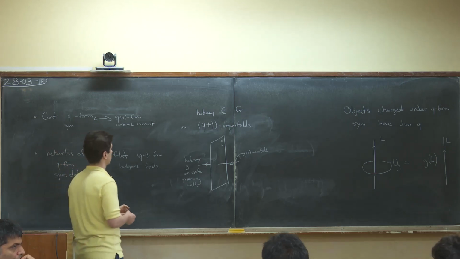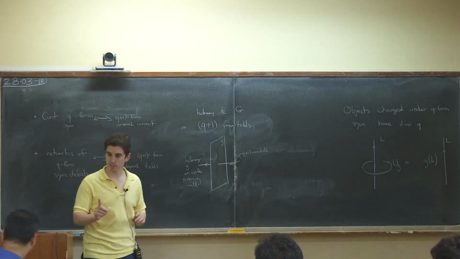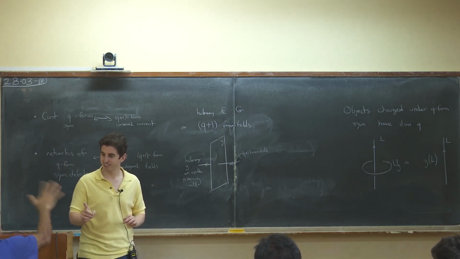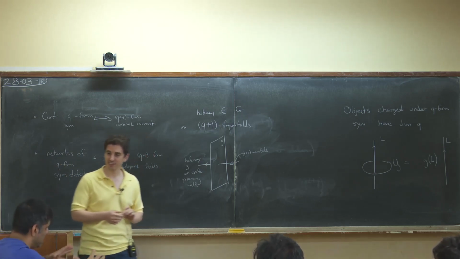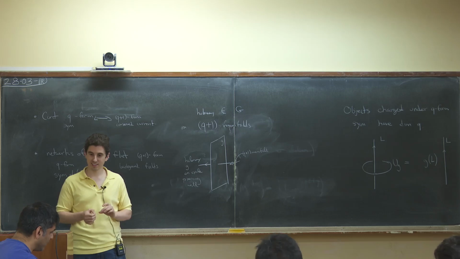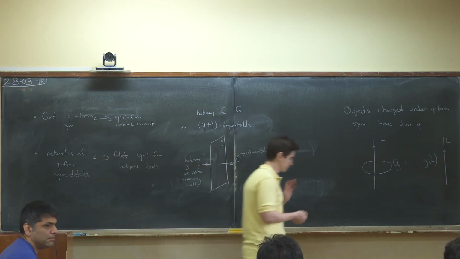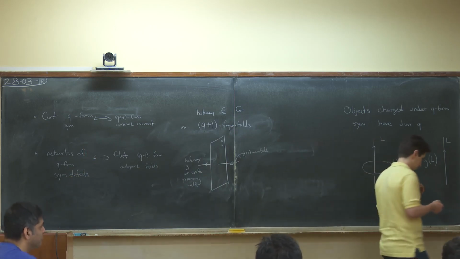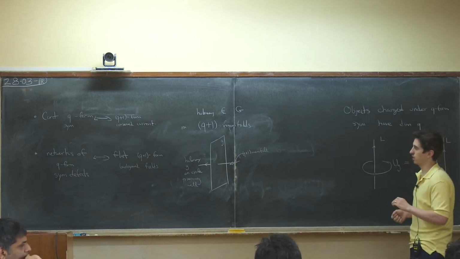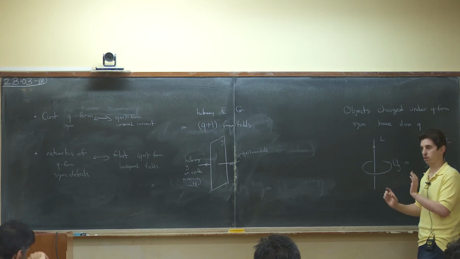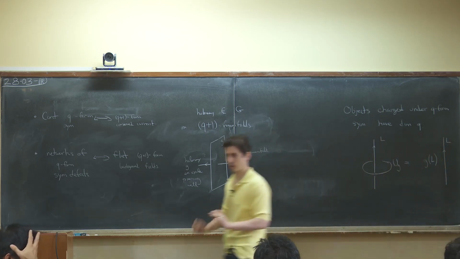Now, what was the second thing you asked? It's all part of the same question. I just want to understand in terms of transformation of fields. Does it generate some transformation of fields? Maybe let me do the first example, and then we'll see how it acts on fields.